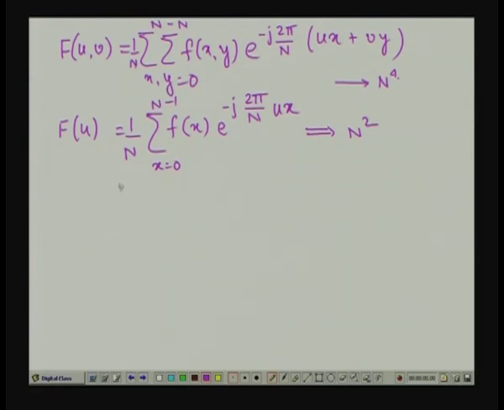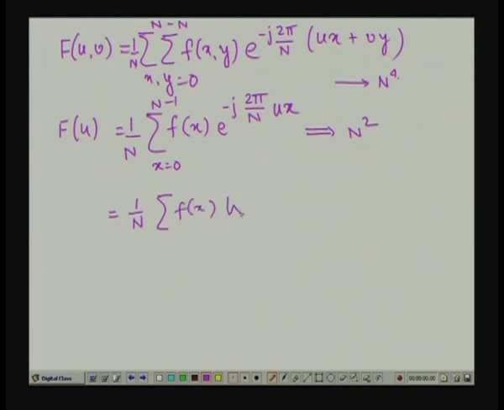So, for that, let us represent this particular expression F(u) is equal to 1 upon capital N, summation of f(x) e to the power minus j 2 pi by N ux, from x equal to 0 to capital N minus 1. We represent this expression in the form 1 upon capital N f(x).